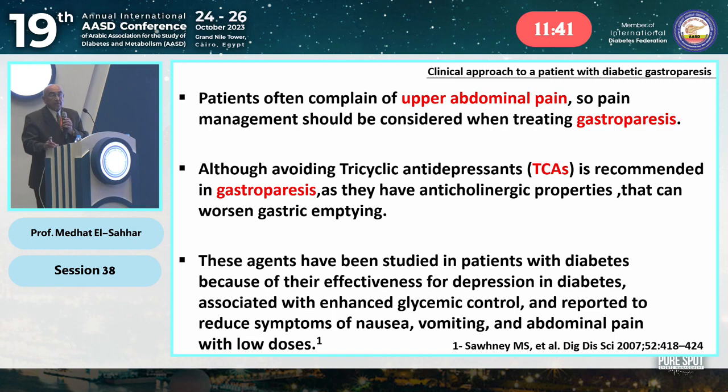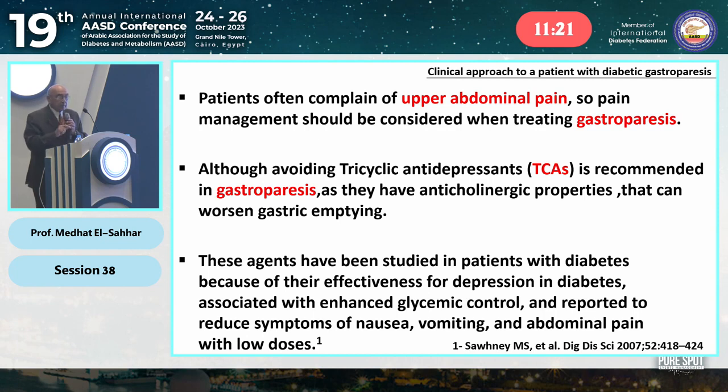At the end, some people may have upper abdominal pain. And here, very important to say, upper abdominal pain. It is not just abdominal pain. Because upper abdominal pain, this is the stomach. However, abdominal pain may be intestine, colon.